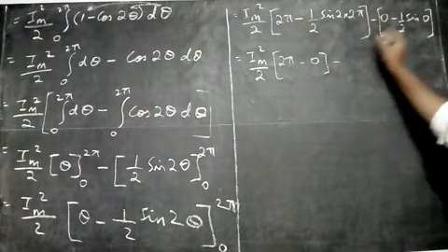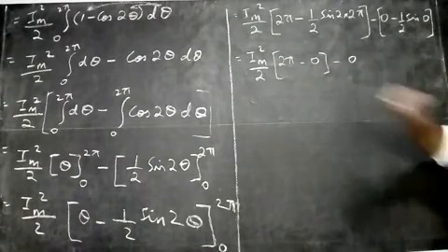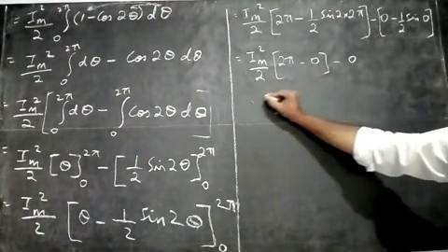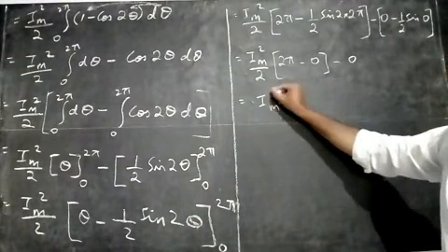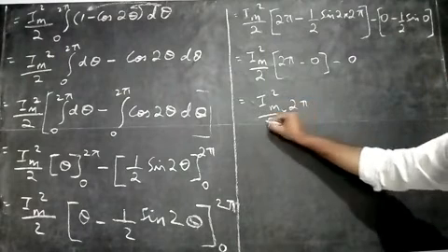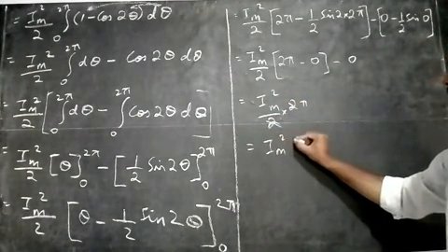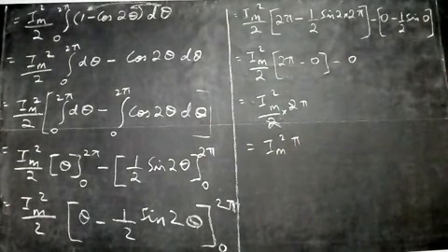Minus all these terms, sine 0 is 0, so this term is 0 too. The only term remaining is 2π. So we get Im square by 2 into 2π. Again, 2 and 2 cancel, so we get Im square into π. This is the value we get for the area.